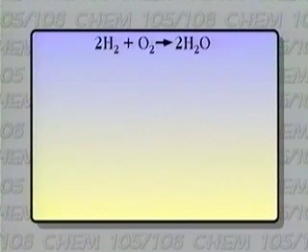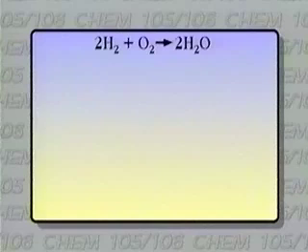Now that looks like a pretty straightforward, relatively simple chemical reaction. It kind of looks like two hydrogens collide with an oxygen and we produce 2 molecules of water. But in reality, this is a somewhat complex reaction system.